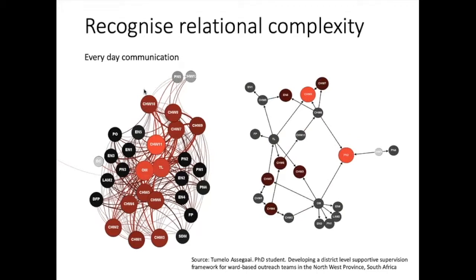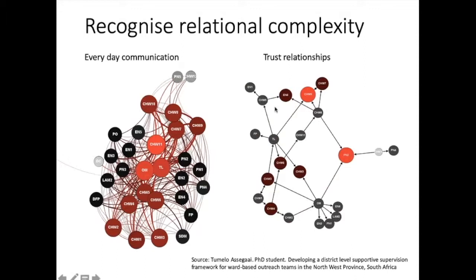Tumelo then looked quite carefully at the nature of trust relationships in that larger communication network. And what she found is a much less dense network and very particular kinds of interactions that form the basis of trust relationships.